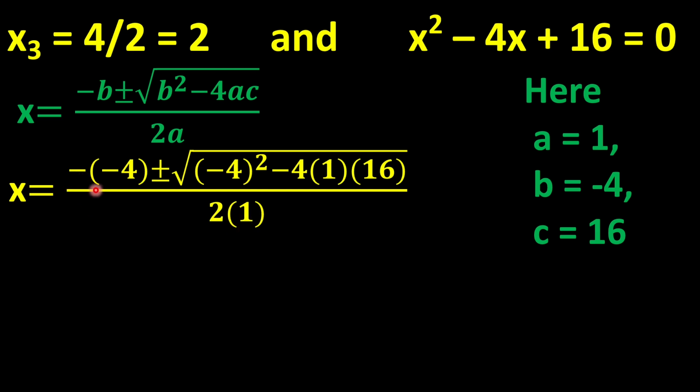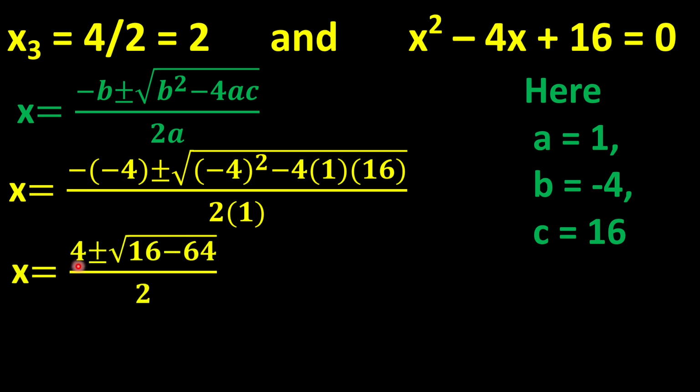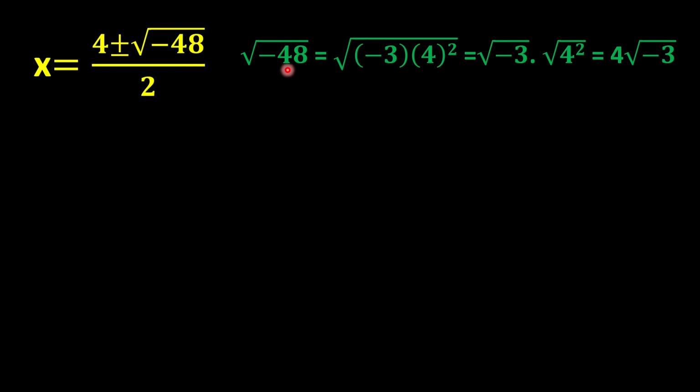So minus and minus 4 when multiplied equal to plus 4. So 4 plus minus square root of 16 minus 4 times 16 equal to 64, divided by 2, and 16 minus 64 equal to minus 48 divided by 2. And now we can write this minus 48 as 4 under root minus 3, as we have done this calculation in the previous part.